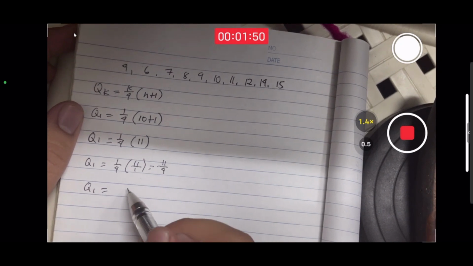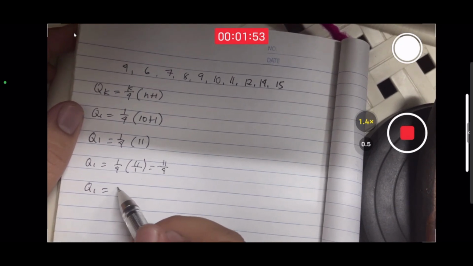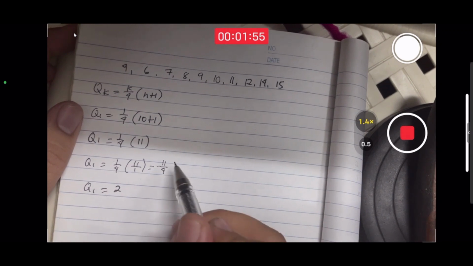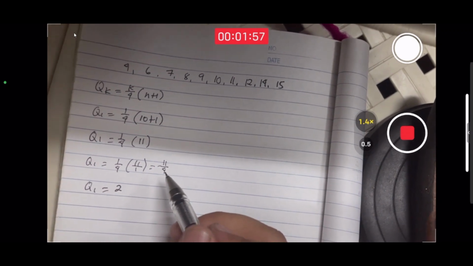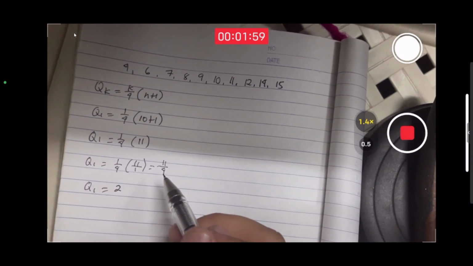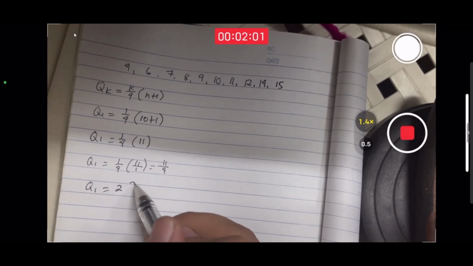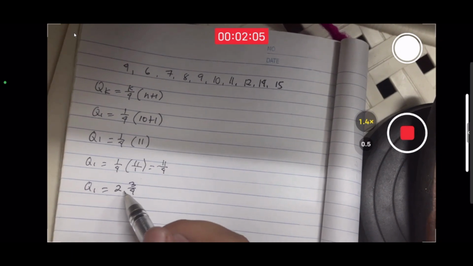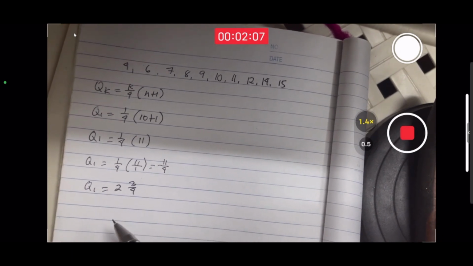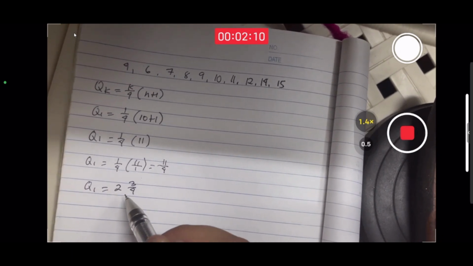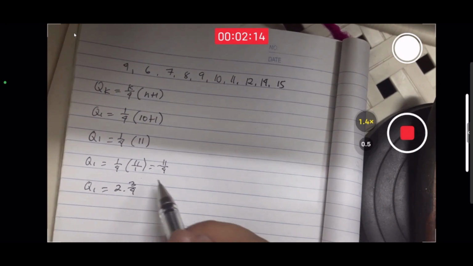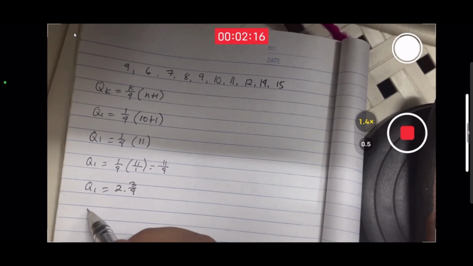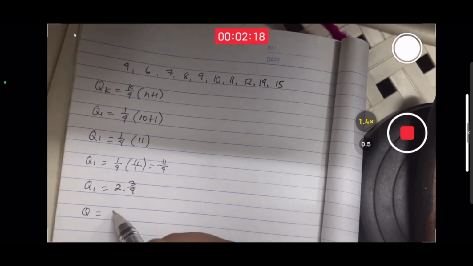We have 2, and the remaining is 3 over 4, or we can use 2.75. Then the 2.75, we can round it off. Our Q1 will be 3.